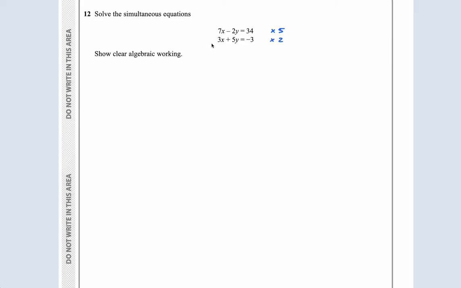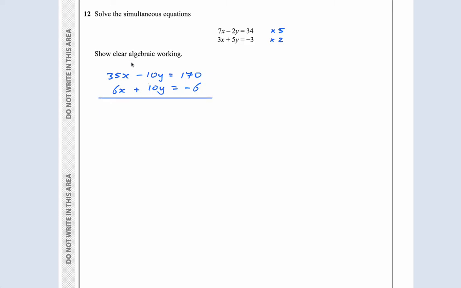The y's are the same, and then I can eliminate the y's. So let's do that. 7 times 5 is 35, so it's 35x, minus 10y equals 34 times 5. Use your calculator, guys, it's 170. This times 2, 6x, plus 10y, see they're the same, equals -6. So remember, multiply everything by 2.